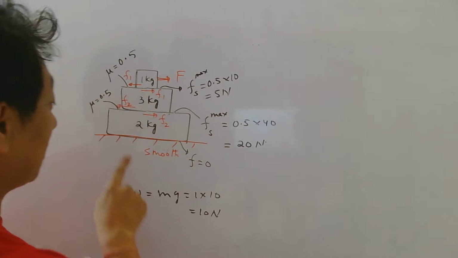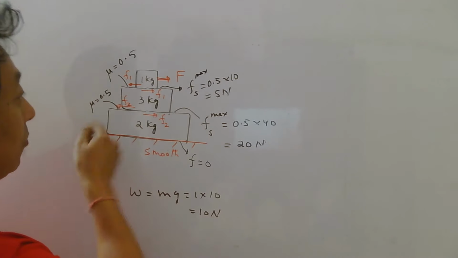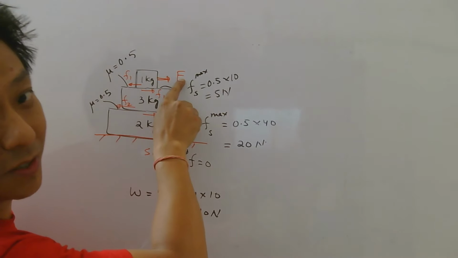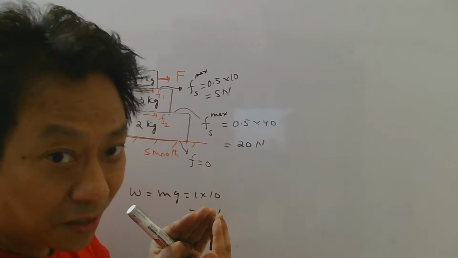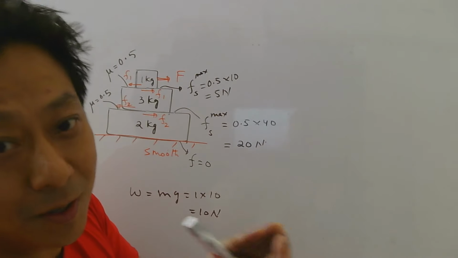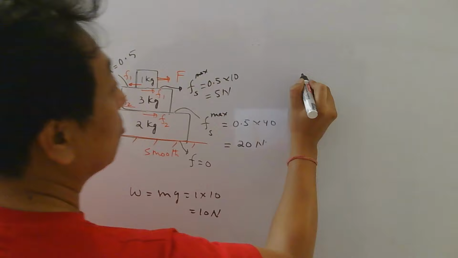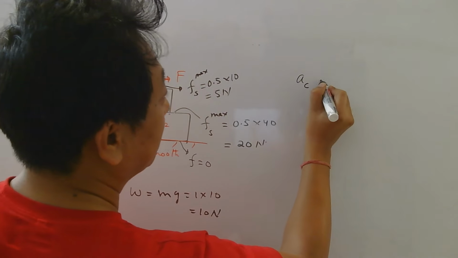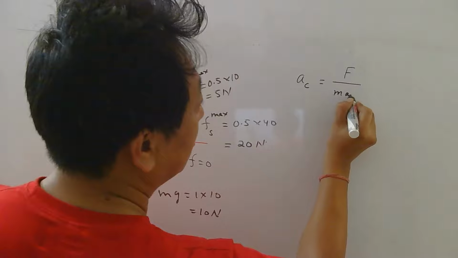Now please understand that there is no friction here, so no friction here will be able to balance this force. Understood? So the whole system will obviously have acceleration towards the right side. So let us assume all of them are moving together and see what the common acceleration is. Force divided by mass, isn't it?